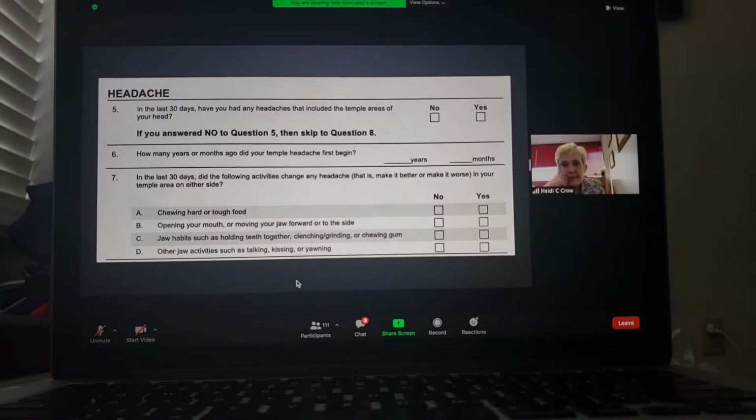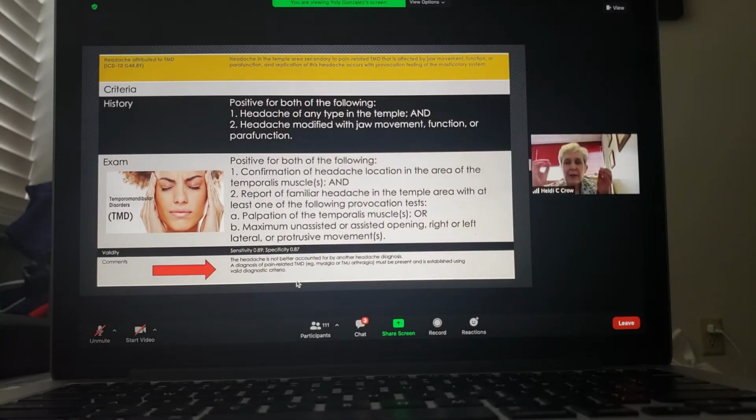So can I break in too, just for a moment? Yes. I want folks to remember that primary and secondary medical diagnoses occur in lots of diseases. So a primary headache is one that is the primary problem. Nothing else is causing it.